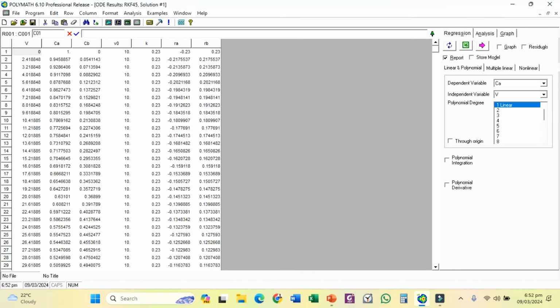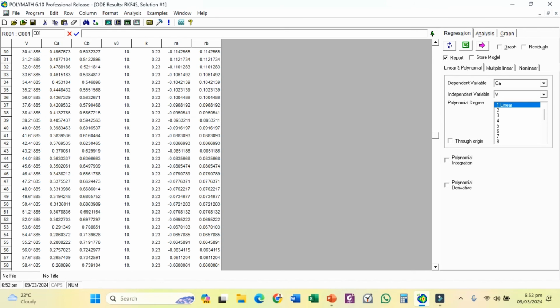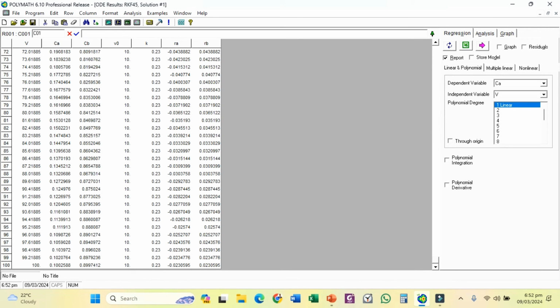The rate of reaction of A is decreasing and so is B. And you can see at the end, at 100 cubic decimeter volume, you got concentration of A as 0.1 approximately, while that of B is 0.9.